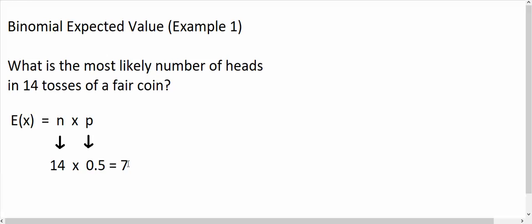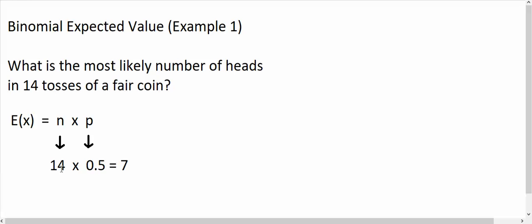I'm just going to quickly share another example of a problem that I could have given you. So I could have said, what's the most likely number of boys in 20 childbirths? And to get that, n would be 20 because it's 20 trials.